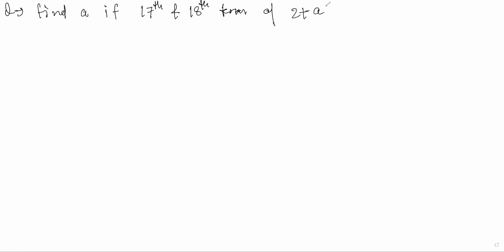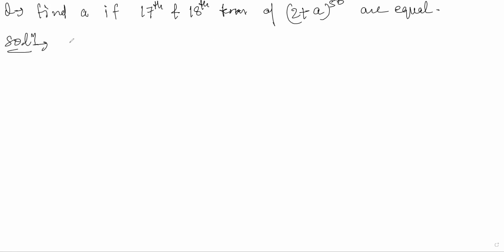So the example 5 says, find a if 17th and 18th terms of (2 + a)^50 are equal. Okay.